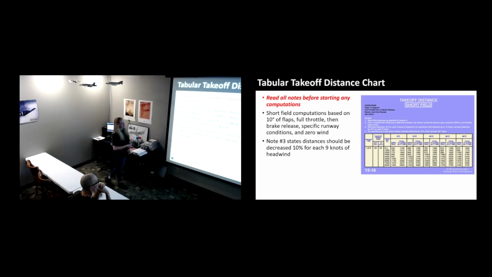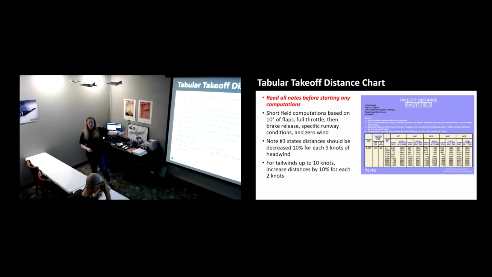Note number 3 states the distances should decrease by 10% with each 9 knots of headwind. But for tailwinds up to 10 knots, increase the distance by 10% for each 2 knots of tailwind. So not only do you have to read the chart, but you have to do some percentage work, because there's always going to be wind in these problems.